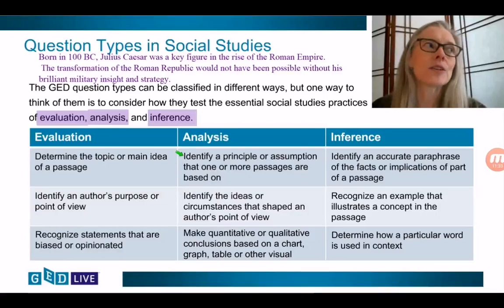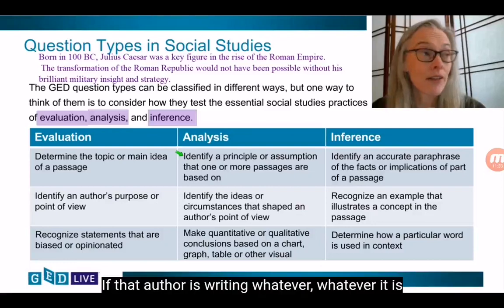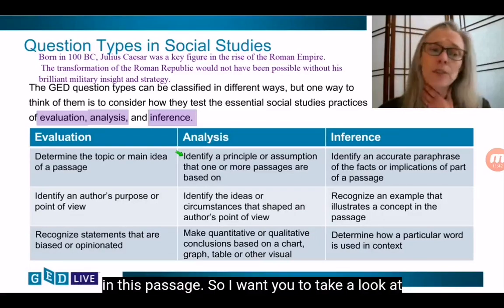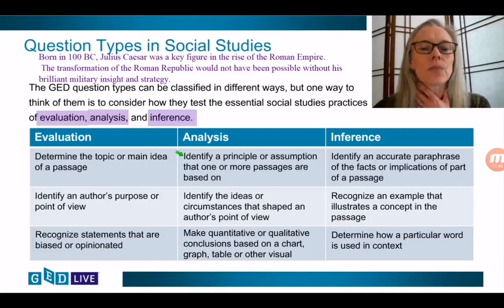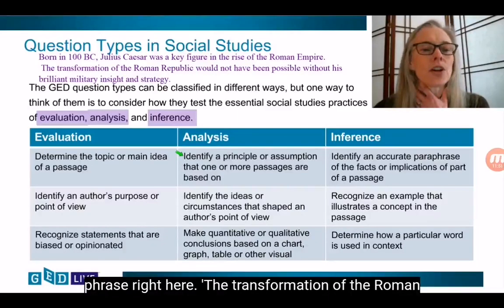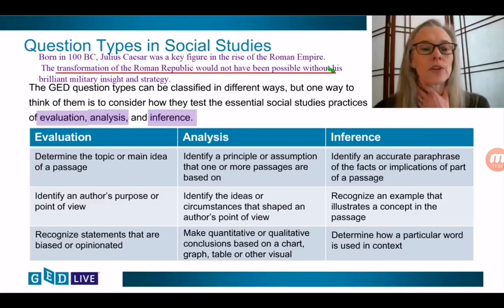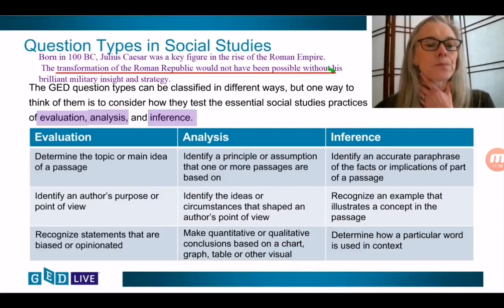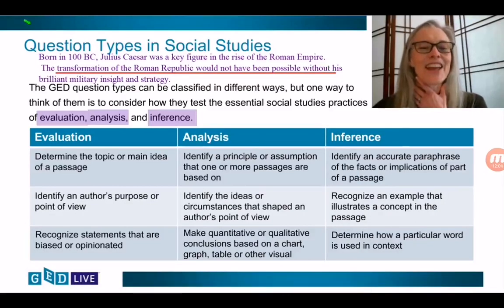Because an assumption is something that the author must believe is true if that author is writing whatever it is in this passage. So I want you to take a look at this phrase right here. The transformation of the Roman Empire would not have been possible without his brilliant military insight and strategy, right?